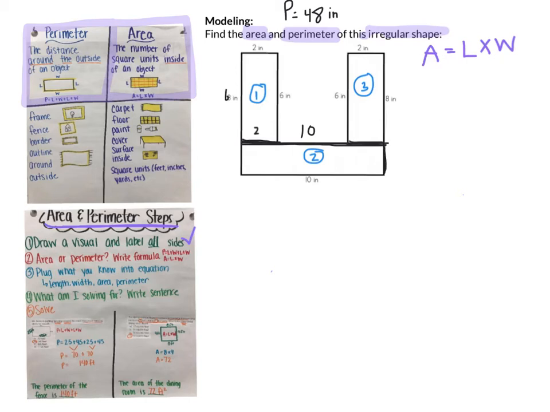So before we decomposed it, we knew that this whole side length was 8. But now we've decomposed it, so I need to figure out what my two pieces are. Well, I know that from here to here is 6 inches.